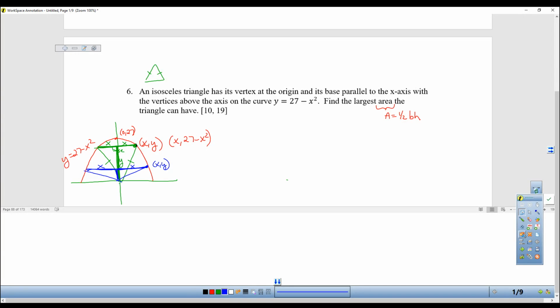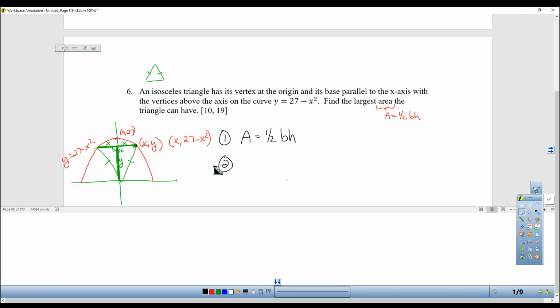Really think about that for a minute while I delete my blue one, because this is the key: making sure you understand how I got these pieces. All right, so let's use our steps that I talked about last class. Step 1, write the equation that you're trying to maximize or minimize. The largest area. Area is equal to 1/2 base times height.